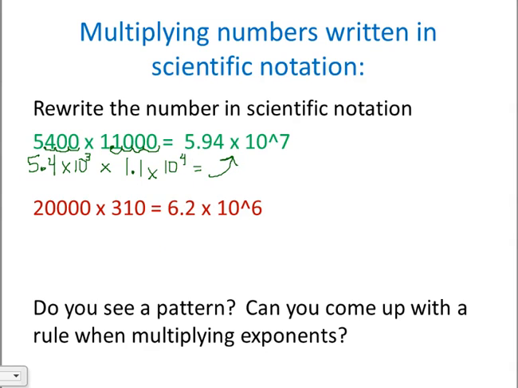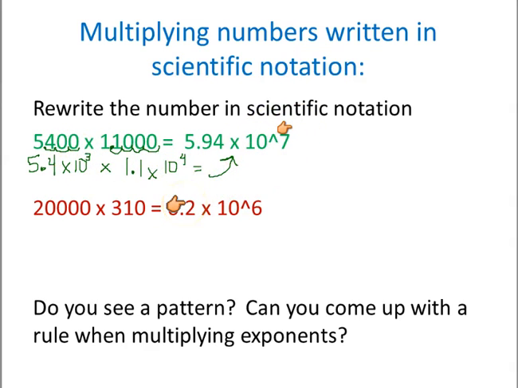So do you see a pattern that occurs to go from here to what the answer is? So look at the powers. Here I've got a power of 3 and a power of 4, and then we end up with a power of 7. So it looks like if we add 3 plus 4, we get 7.